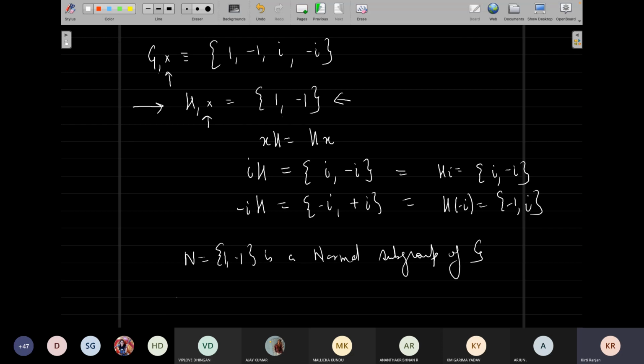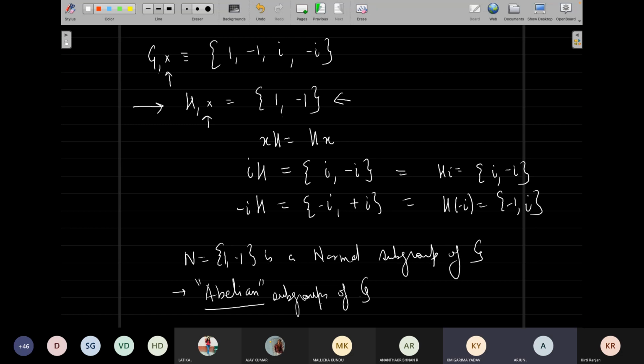Now, this is giving something interesting. Can you say something about the abelian subgroups of G? How do we define an abelian group? The left is the same as the right one.